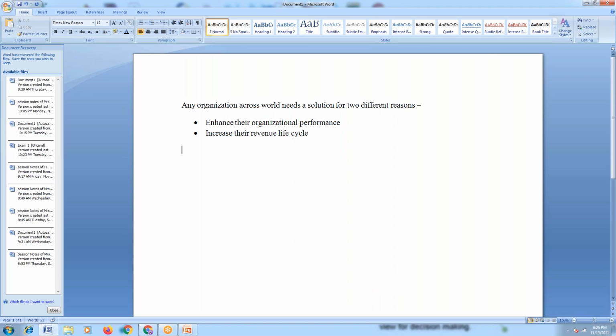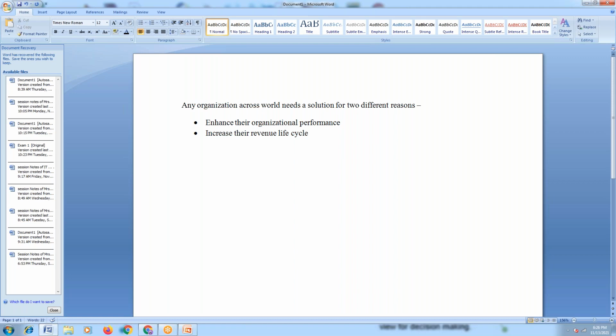They may require some other CRM application to manage their customer satisfaction, all that. So everything is technology, everything is a solution connecting to the technology part. So enhancing organizational performance is one reason behind providing a solution for any of the requirements.